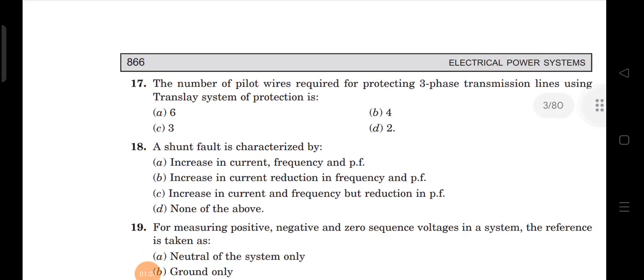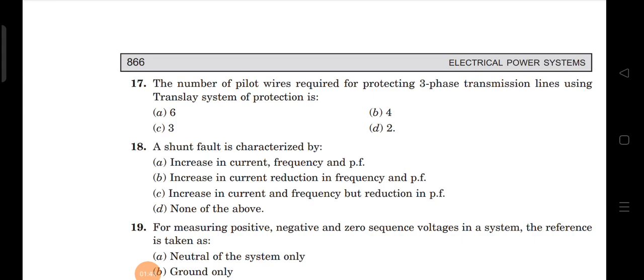The number of pilot wires required for protecting a three-phase transmission line by using the translay system of protection. The major advantage of the translay protection system is that the number of pilot wires required is less, right? For a three-phase system, it requires only two pilot wires.